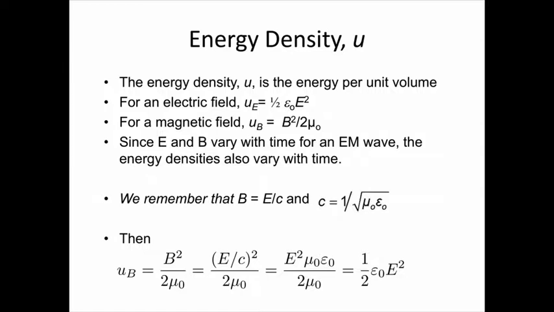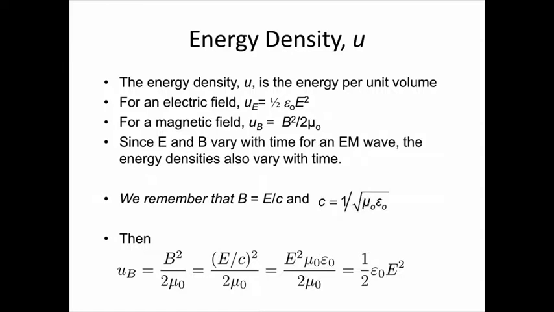Let's show that the energy density in the magnetic field is the same as the energy density in the electric field. So we remember that B equals E over c, and c is 1 over root mu naught epsilon naught. So just starting with that expression for U sub B, B squared over 2 mu naught, we substitute in E over c squared over 2 mu naught, and that c squared equals 1 over mu naught epsilon naught.